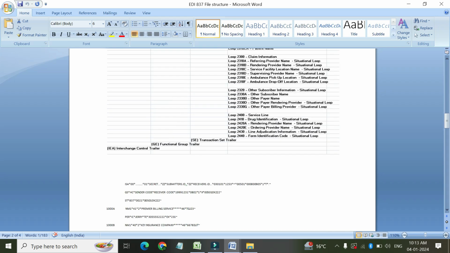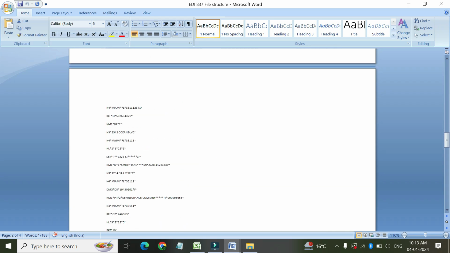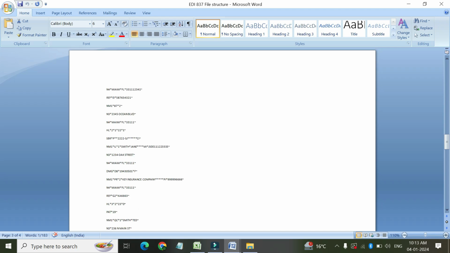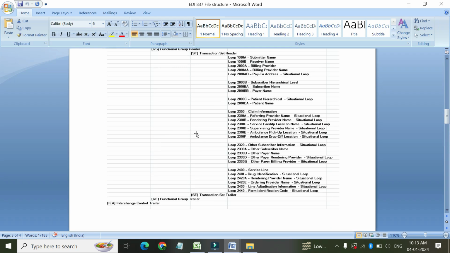And today, what we are going to see is the claim level information. When I say claim level, what I mean is the information that is common to the claim. So basically, that means whatever information goes in loop 2300 and its sub loops like 2310A, B, C, D, E, F. On a high level, loop 2300 contains information like diagnosis.